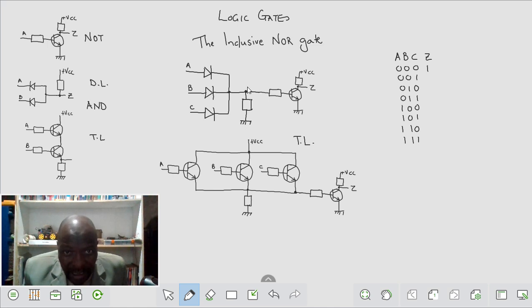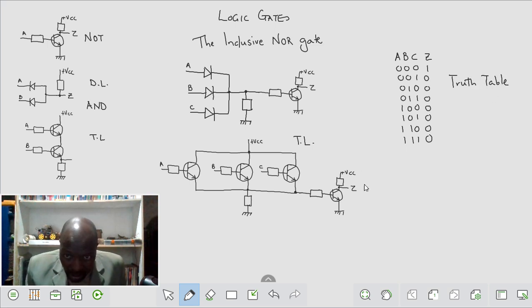But in this case, if we have a high output here, it will be inverted to a 0. The OR gate looked out for a 1. If it saw a 1, it gave us a 1. Now the NOT, the inverter, will invert that 1 to a 0. So this is the truth table for the NOR gate, for the 3 input NOR gate.